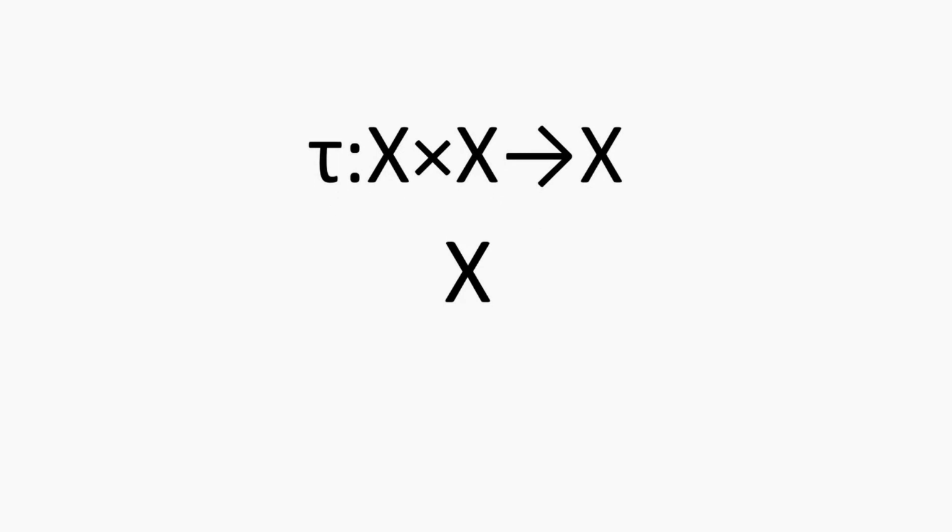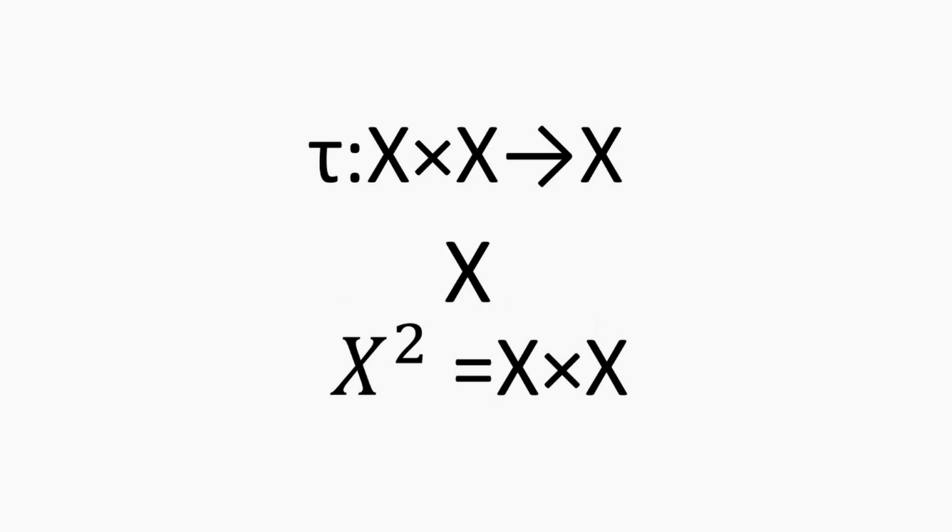Very often in cryptography we deal with binary algebraic operations. For example, we have a set of elements x. A binary algebraic operation on x, or the law of composition, is called an arbitrary but fixed mapping of the Cartesian square, where x squared is equal to x multiplied by x, into x.